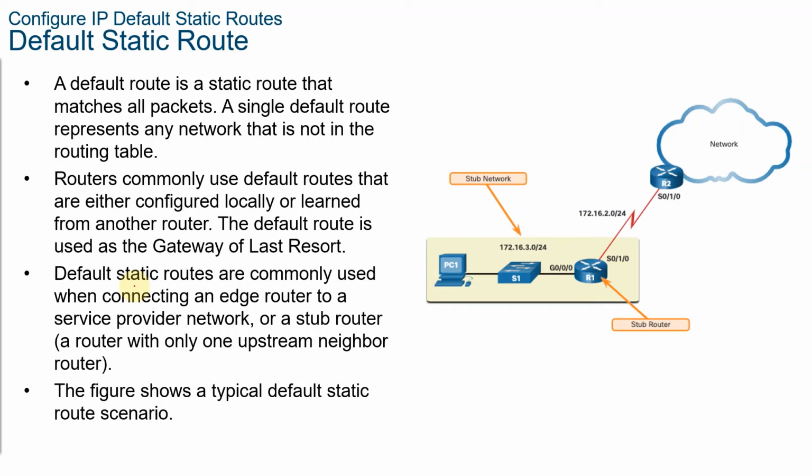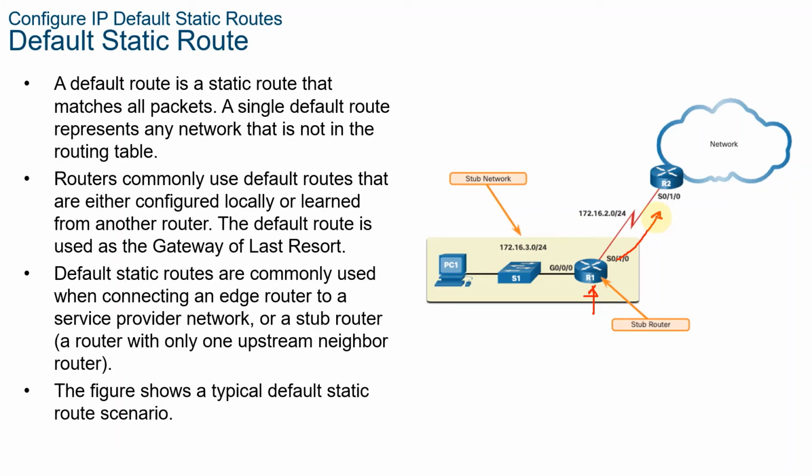Default static routes are commonly used when connecting an edge router to the service provider network or a stub router. When you say stub router, this one here is a stub router. A stub router is a router with only one upstream neighbor or neighboring router, which is the ISP here.